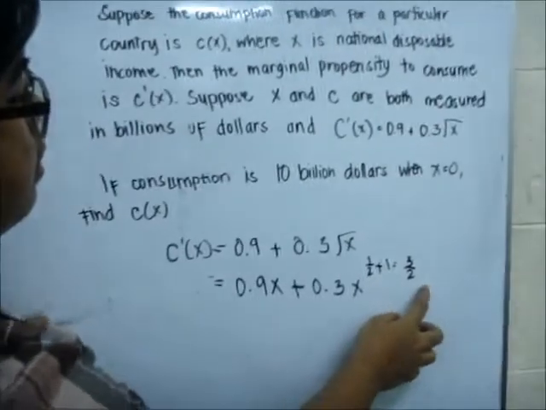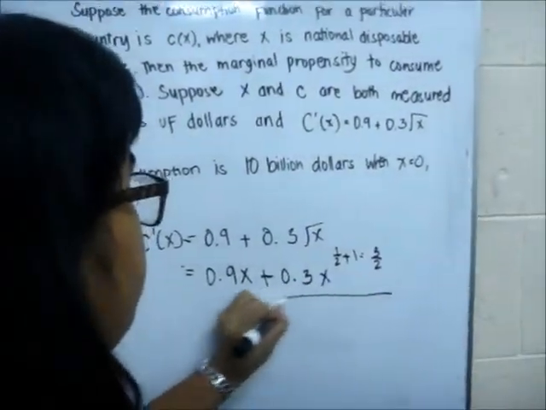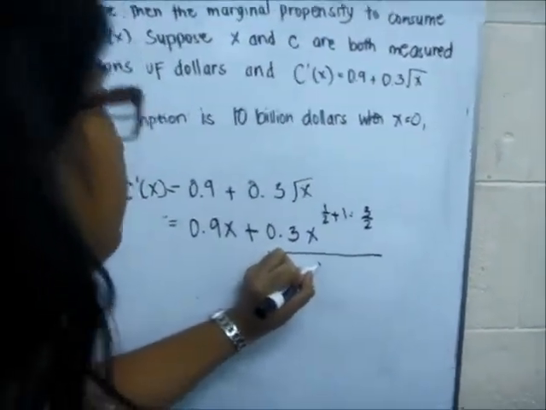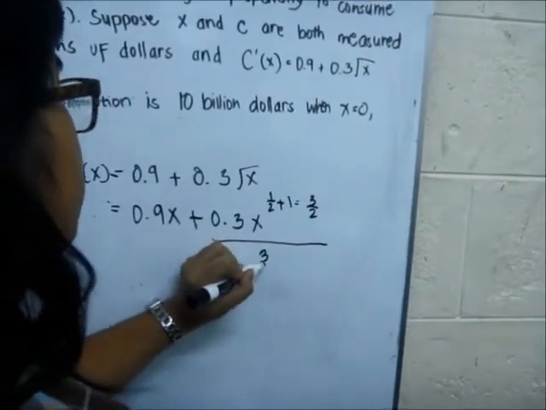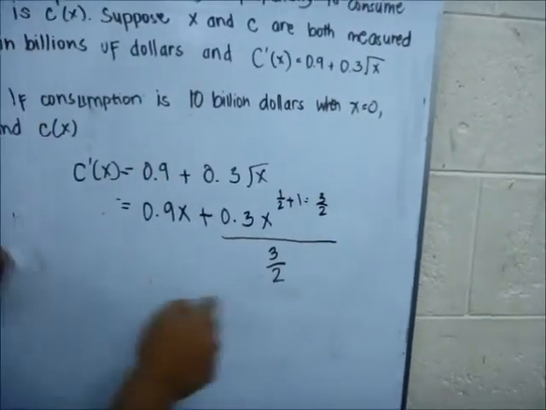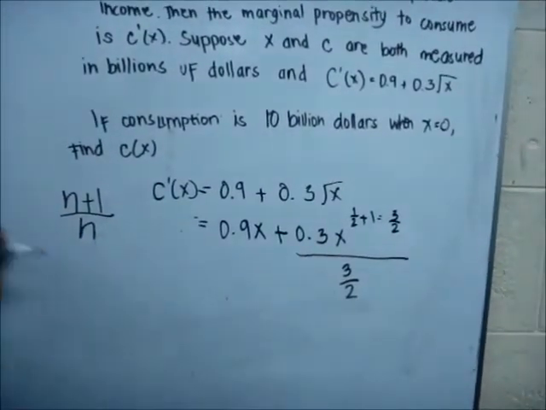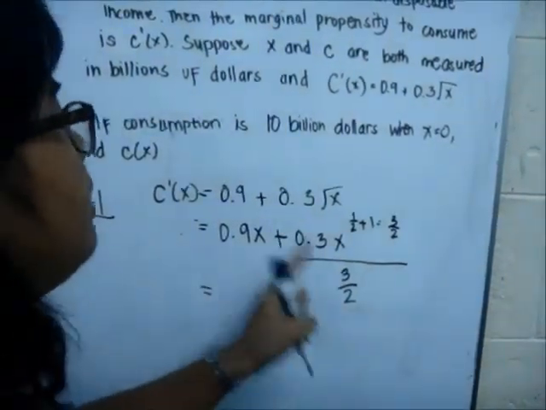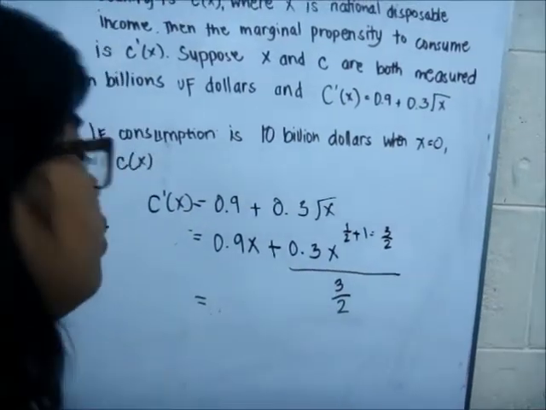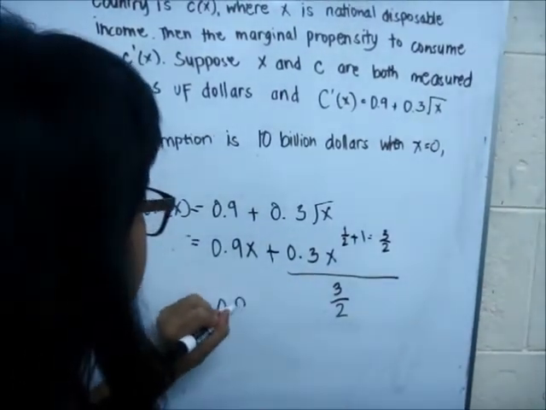And this part, we have to use the formula of n plus 1 over n. To make this short, the shortcut way to solve for this is this.